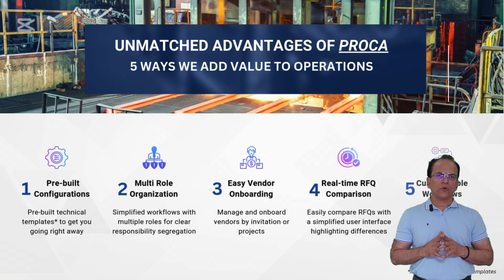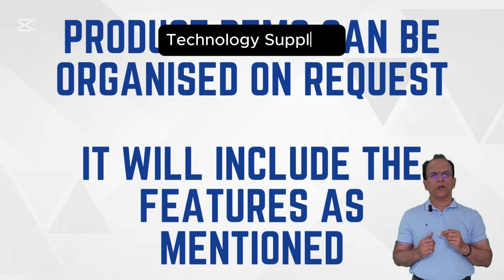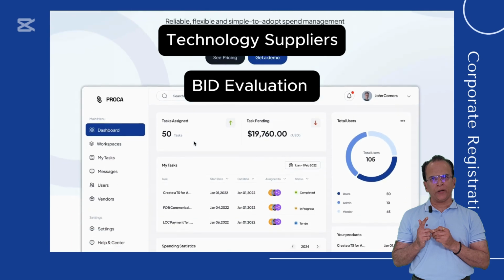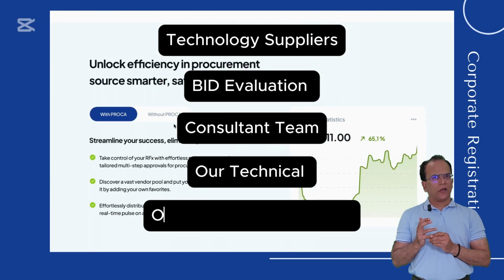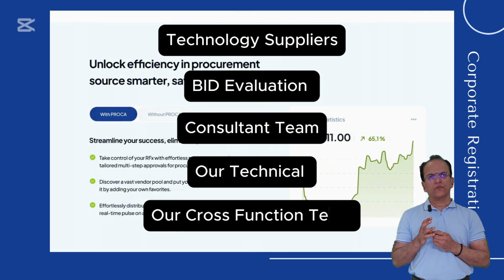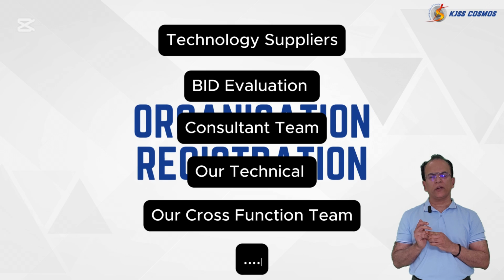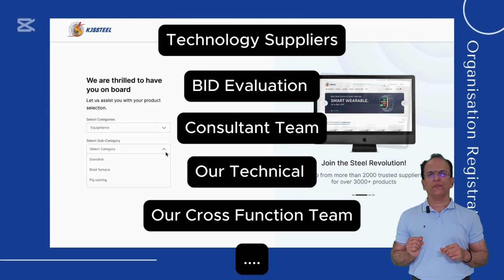In our software Proca, as we mentioned earlier also, all the stakeholders, either it's a technology supplier, it's a bid evaluation, it's a consultant team, and our technical, our cross-function team, their leaders, their users, their subordinates, everyone is working on one platform. That's the beauty of that.